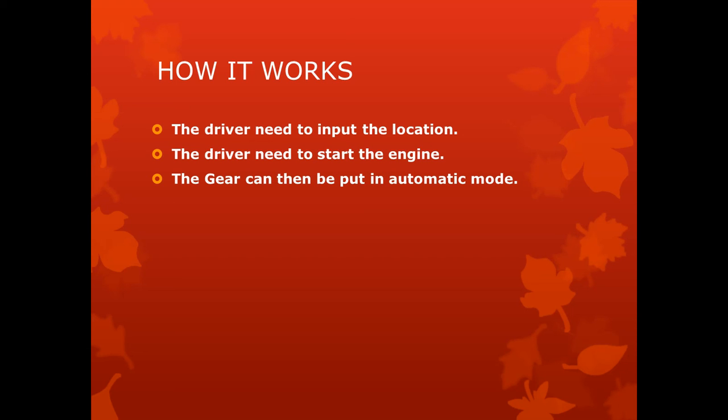But for manual mode, many people don't have a license for aeroplane and don't know how to fly an aeroplane, so they can put it in automatic mode. And by the way, this Aeromobile Flying Car needs a special license. The Aeromobile car will start flying to the destination.